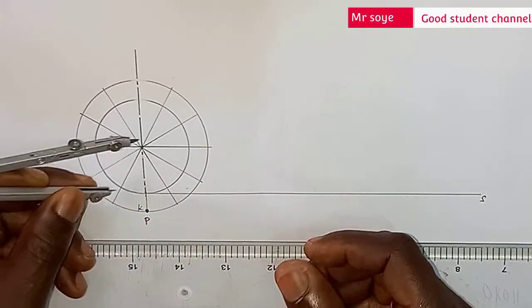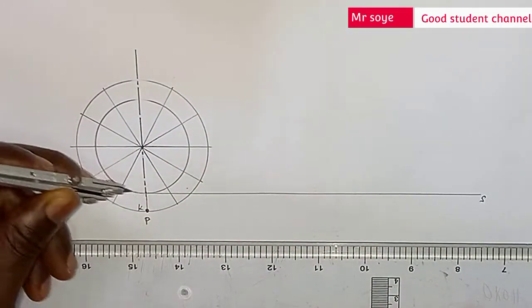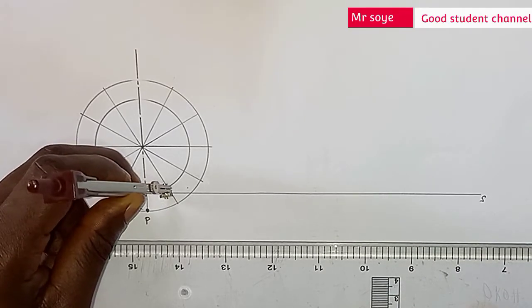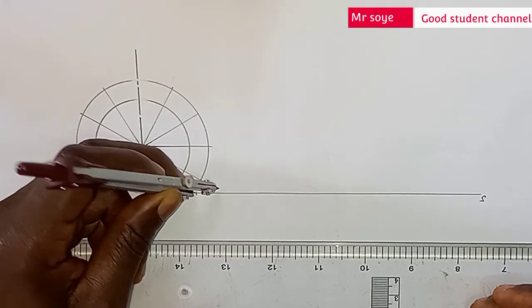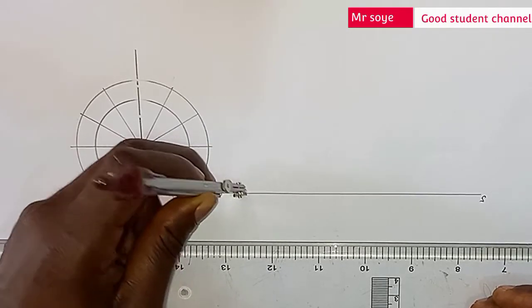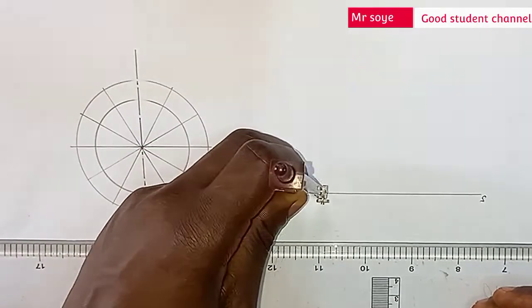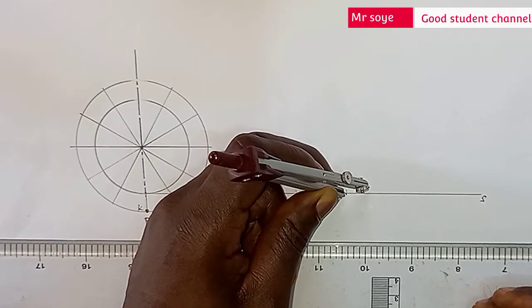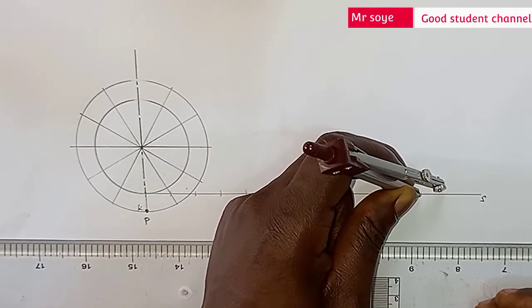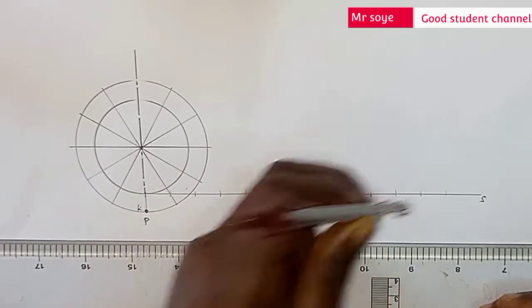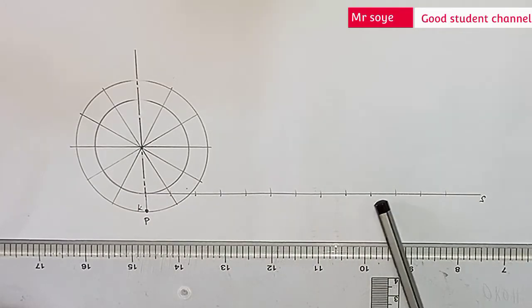We use it to cut the baseline 12 times. Let me count: 1, 2, 3, 4, 5, 6, 7, 8, 9, 10, 11, 12.